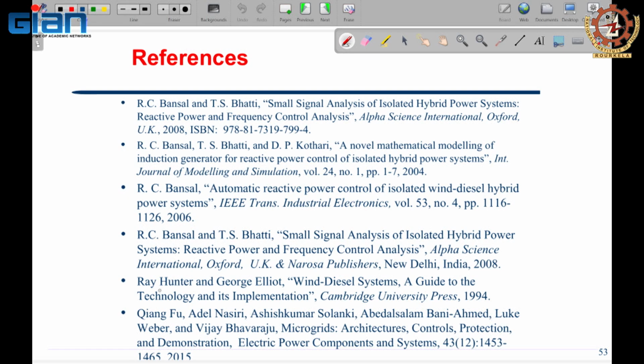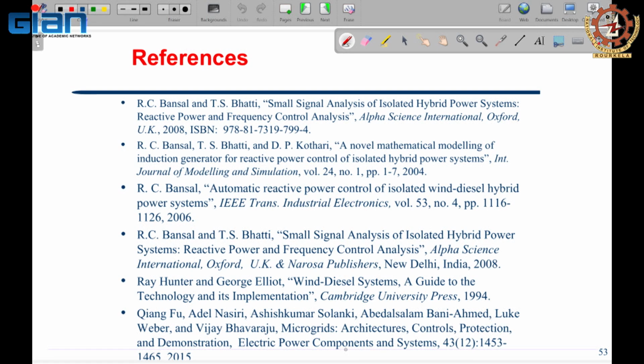Then this book I was mentioning, the wind diesel hybrid power system, it is quite old, but you can have some other books as well, dealing with some kind of design, which can form a good reference.